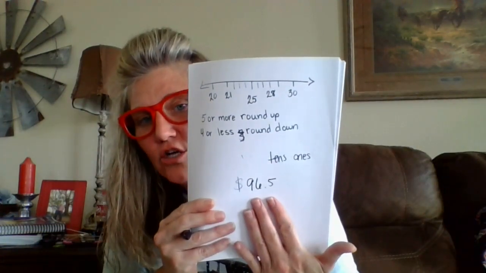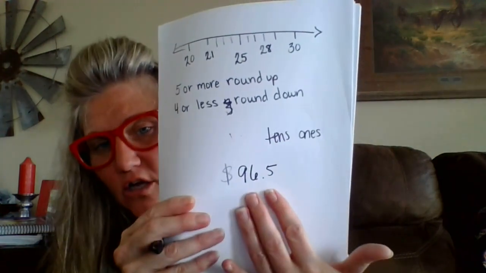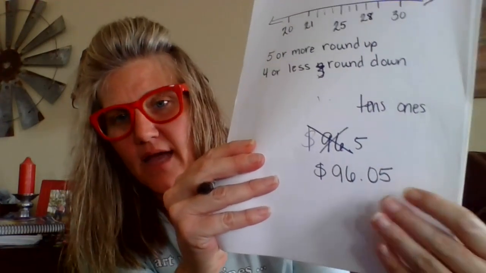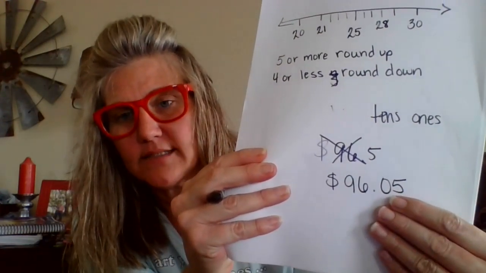If they say $96.05, you're not going to write it as $96.5. That is wrong. That is wrong. Because I've always told you, you have to have 2 numbers behind that decimal, always.